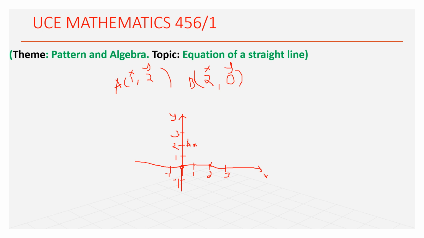So this is where we have 2 as x-axis, then the y-axis is 0. On plotting this, I have this coordinate also plotted. If I'm to join these 2 points, I come up with what we call a line.